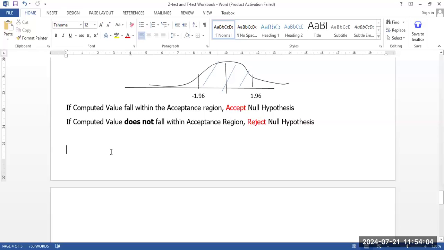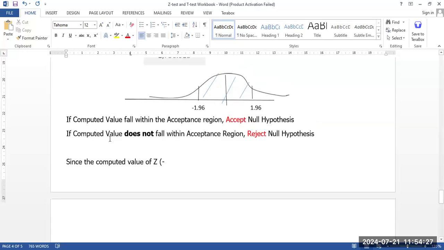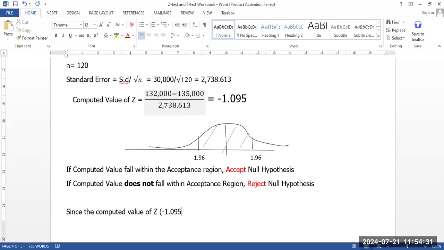And therefore, since the computed value of Z, that is negative 1.095, lies within the acceptance region, accept the null hypothesis.